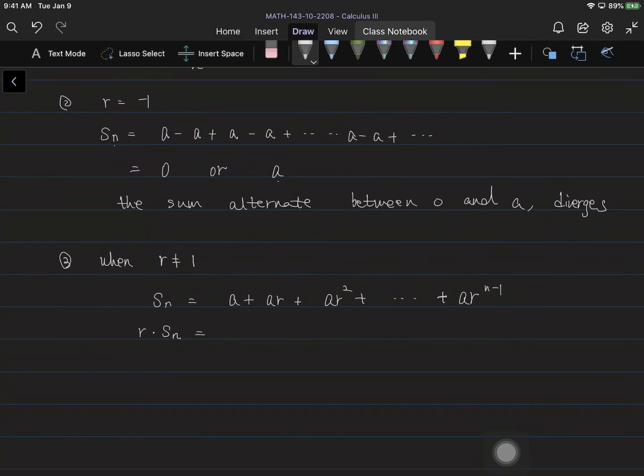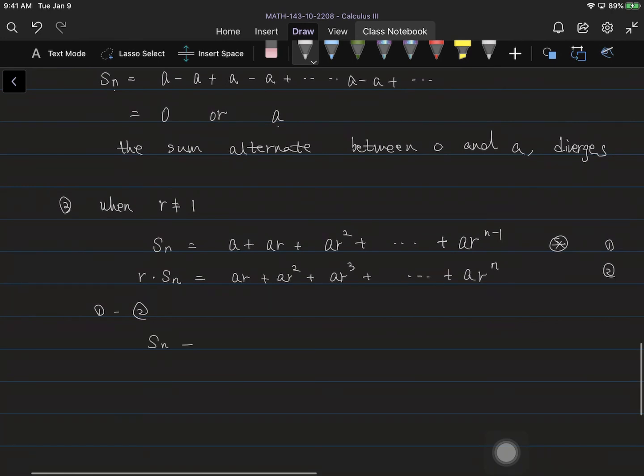Okay, we multiply the equation for Sn, the star, by r on both sides, so it becomes ar plus ar squared, ar cubed, up to ar to the n, because we multiply all the terms by r, right? We call this equation 1 and equation 2. We use equation 1 minus equation 2.